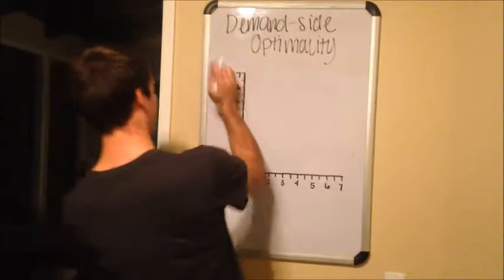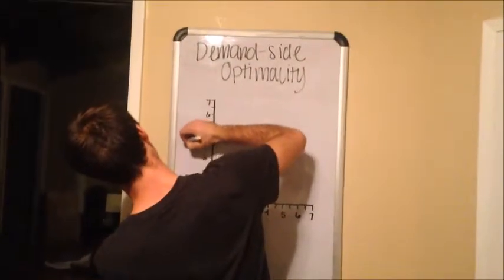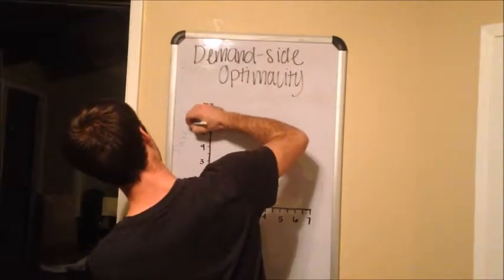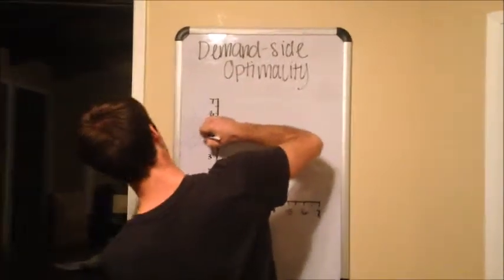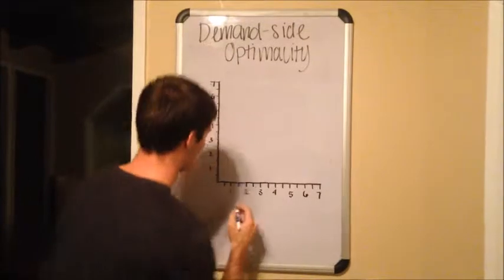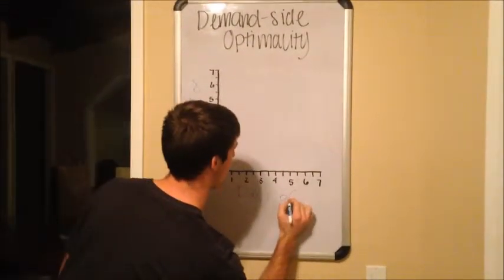Okay, so right here we're going to have days of skiing. And right here on the x-axis we will have days of horseback riding.